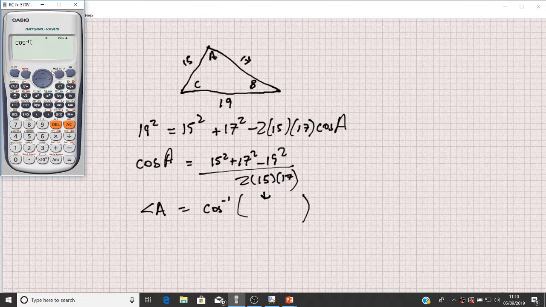And inside that we're going to have a fraction, and on the top is 15 squared plus 17 squared minus 19 squared all over 2 times 15 times 17.